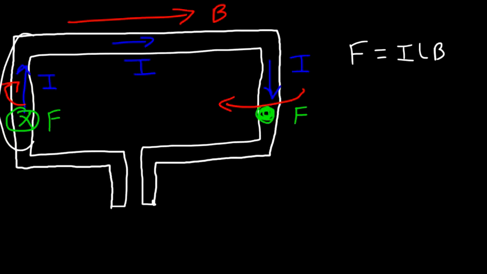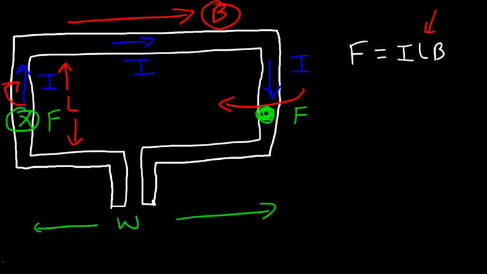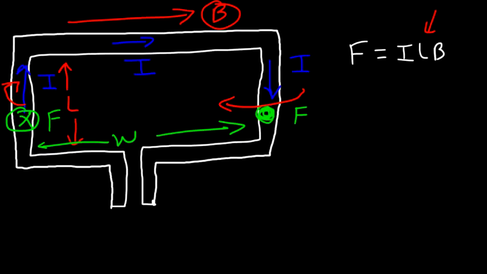So since we're focused on this side, that's where the magnetic force will be exerted. L represents the length of that section. So that's this L. B is the magnetic field. The width of the loop, let's call it W. Let's put that here. Now we need to calculate the torque.